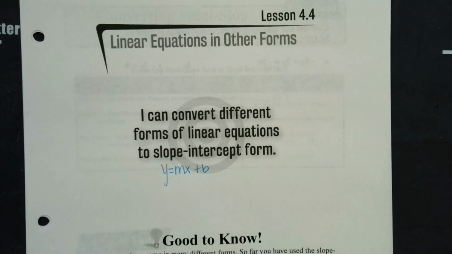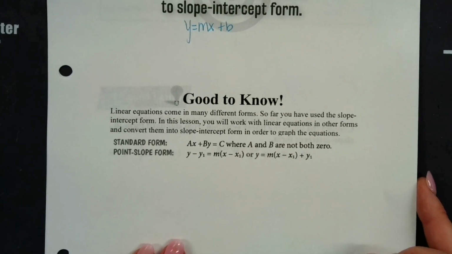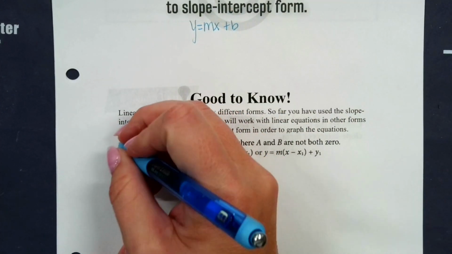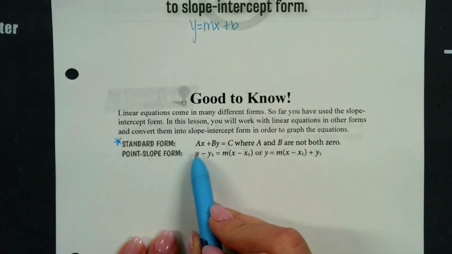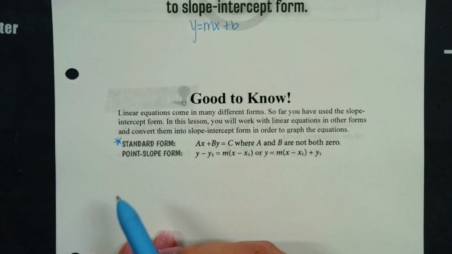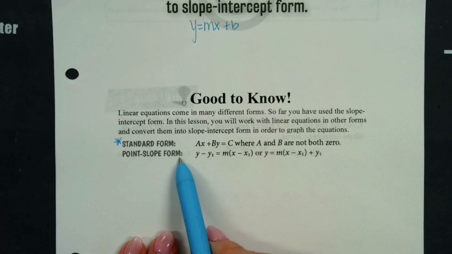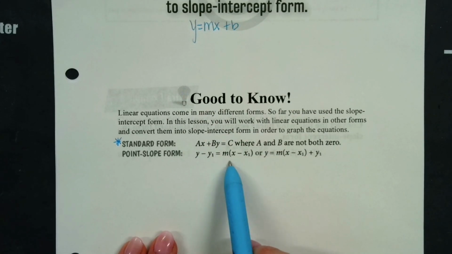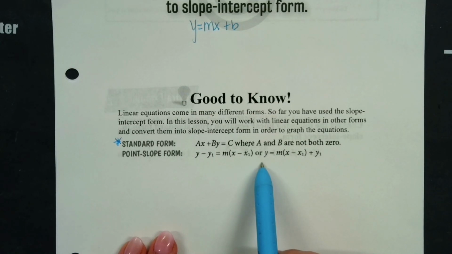Okay? The two other forms that you're going to see a lot about and you'll see in algebra next year is something called standard form, which is ax plus by equals c. That was like that number 6 that I was pointing out. And then point slope, y minus y1 equals m times x minus x1.